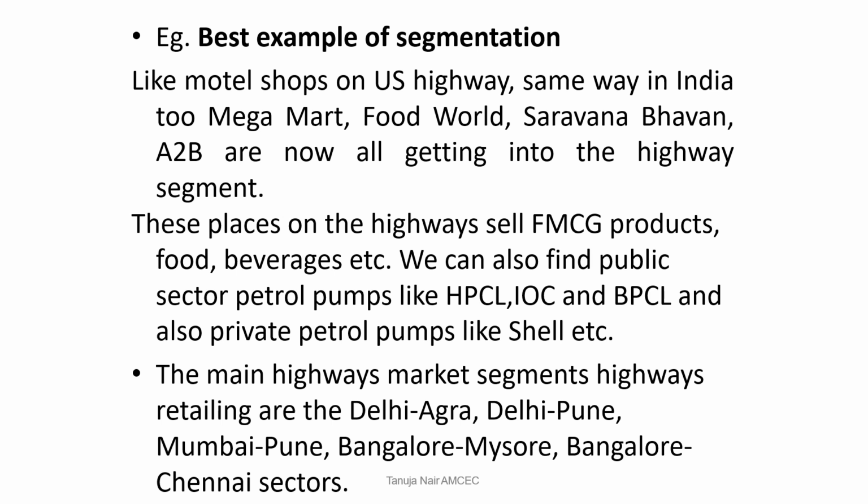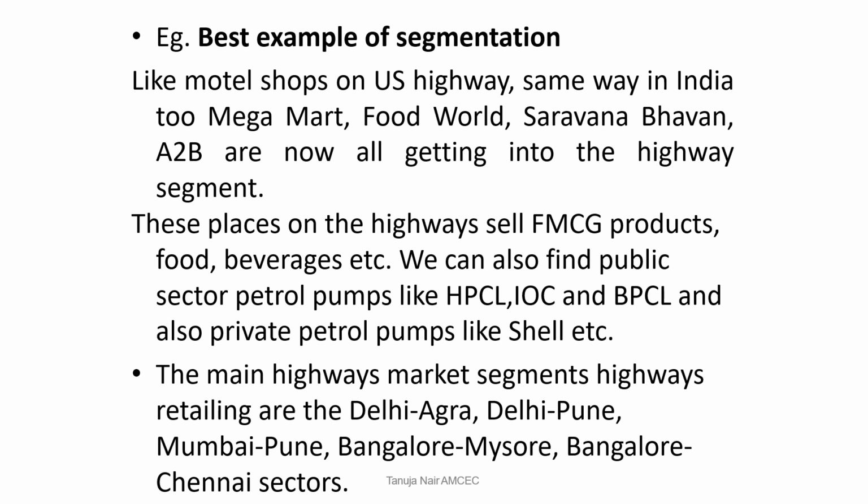The best example of segmentation you can take is the Indian highways, the main highways like Delhi-Agra, Delhi-Pune, Mumbai-Pune, Bangalore-Mysore, Bangalore-Chennai. On all these highways, you find so many shops.